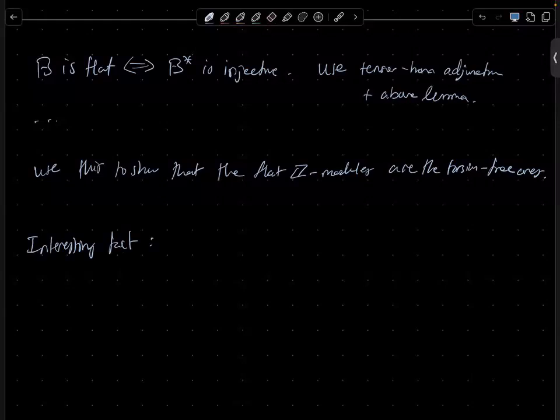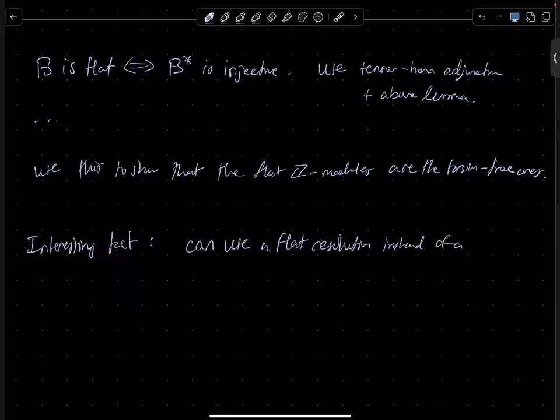Right, projective is contained in flat, so you now have a bigger collection of modules that you can try to resolve with. So it could possibly be easier to calculate Tor using a flat resolution. So I should write this down. We can use a flat resolution instead of a projective one to calculate Tor.